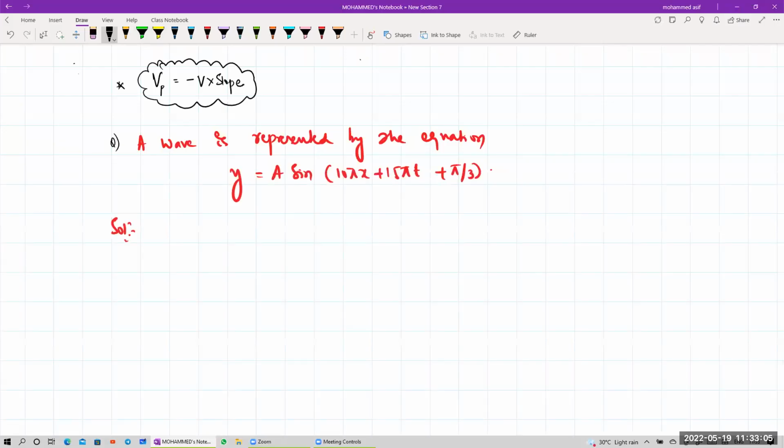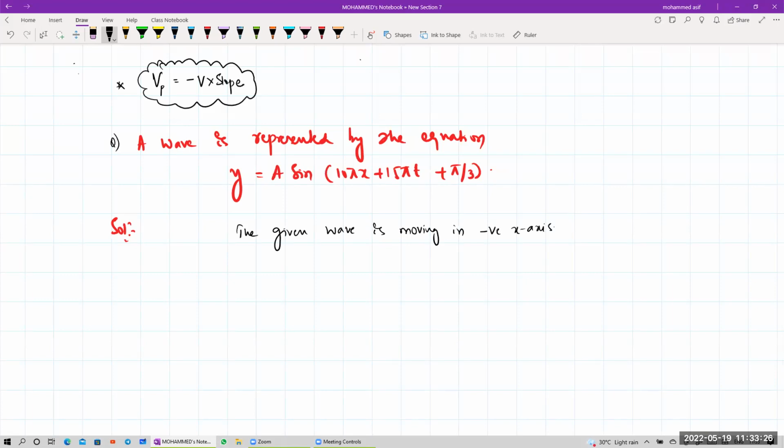So what is my answer right now for this one? In which direction is this wave moving? It is moving in which direction, beta? The given wave is moving in the negative x-axis.